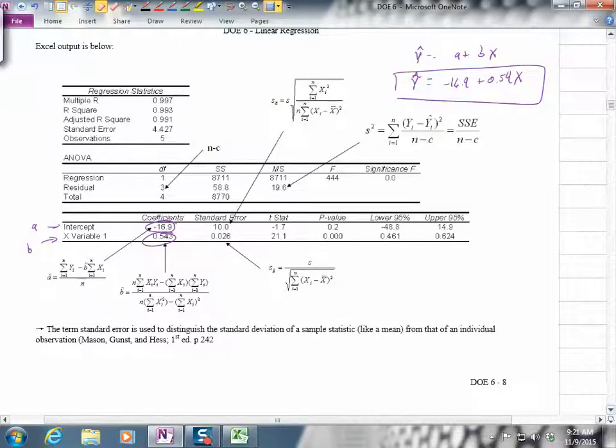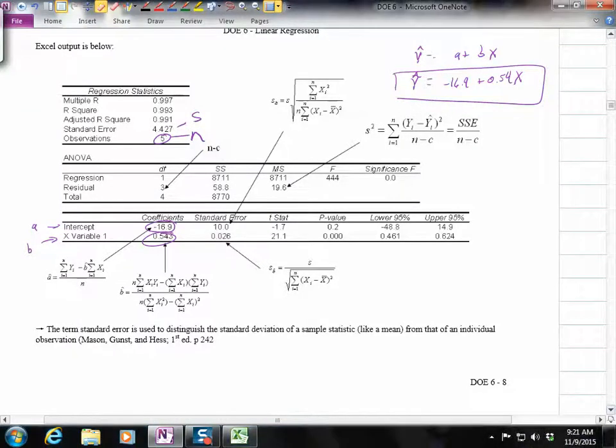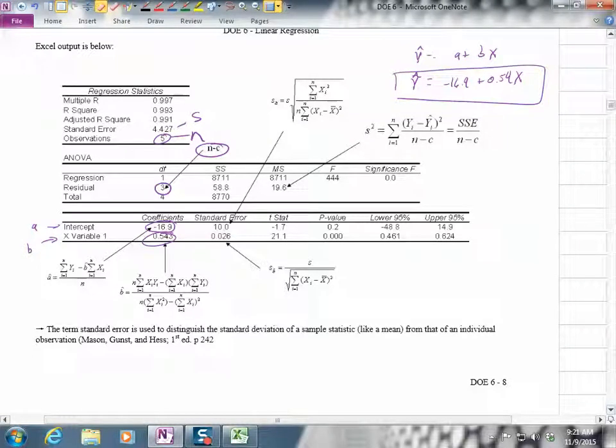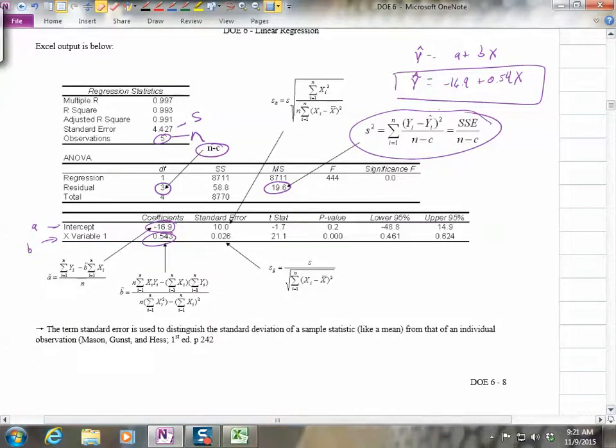And this tells you there's n, there's s. We'll talk about r squared in a little bit. The ANOVA table, that's where we get n minus c. And there's s squared, which shows up as the mean square of residuals.